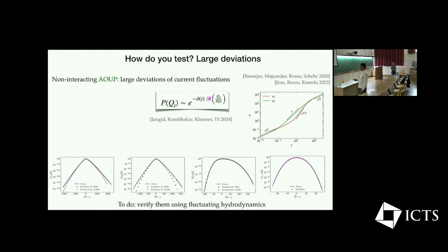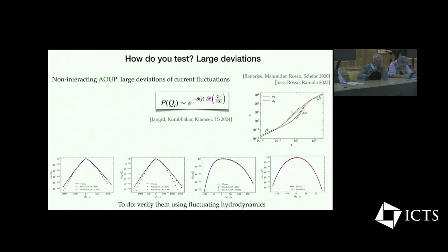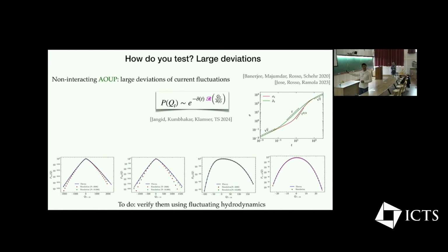And these dots are generated by importance sampling, using an algorithm that Satya and others have used. All I'm doing here is increasing the number of samples on which I average. If you go to larger and larger, it goes closer and closer. But this is only a numerical comparison. What I'm proposing is to test this using the hydrodynamics formula. I was wondering if the two points were different models, but no, they're the same. I'm just increasing the ensemble. Okay, thank you.